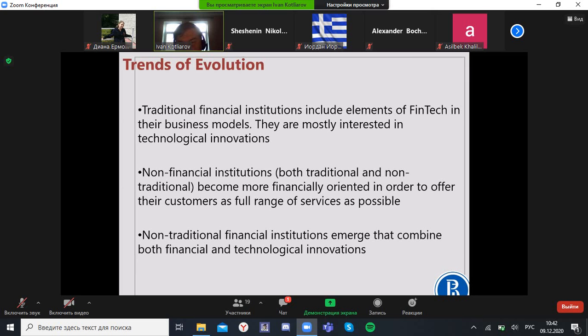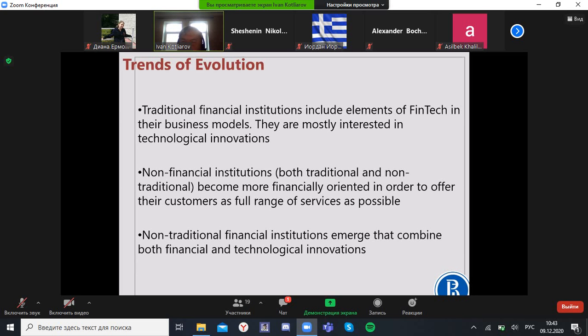So, you should understand that traditional financial institutions will combine traditional and non-traditional digital elements in their business models. Traditional financial institutions are mostly interested in technological innovations, so they want to increase the efficiency of their products on the basis of technological innovations. Non-financial institutions, both traditional and non-traditional, become more financially oriented in order to be able to build ecosystems, in order to be able to satisfy all needs of their customers.